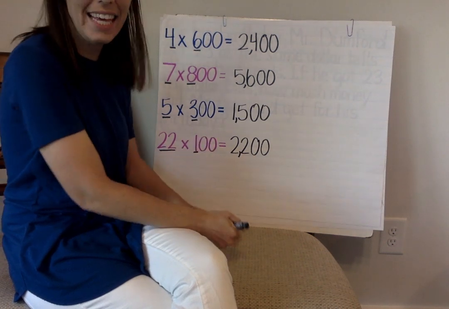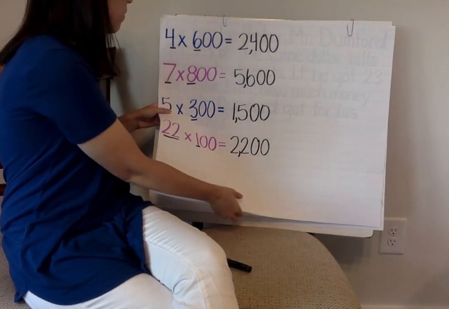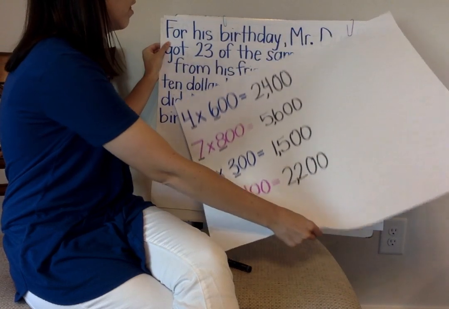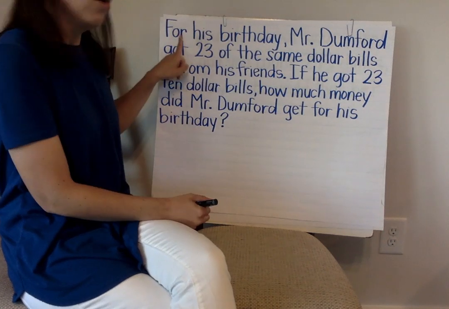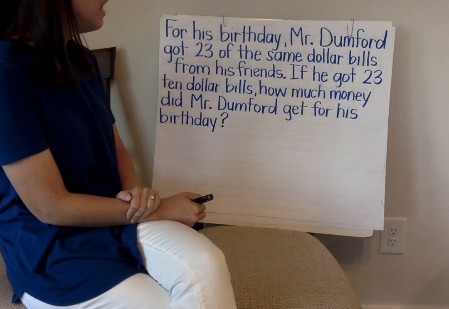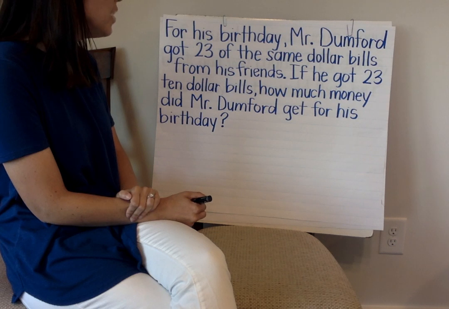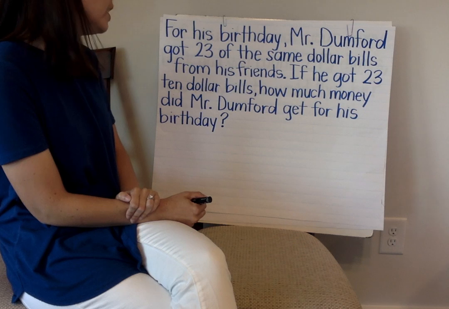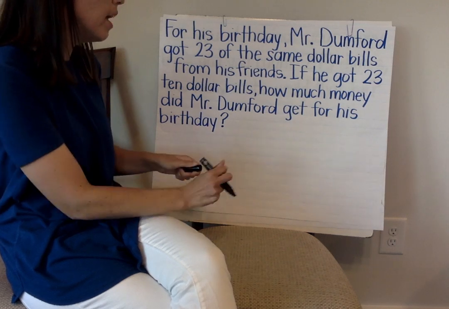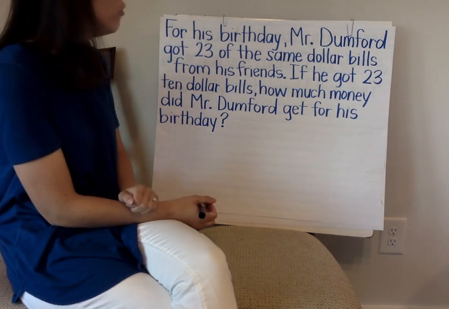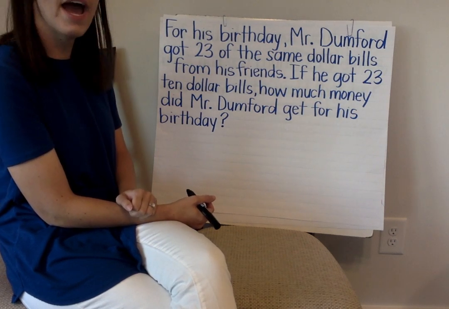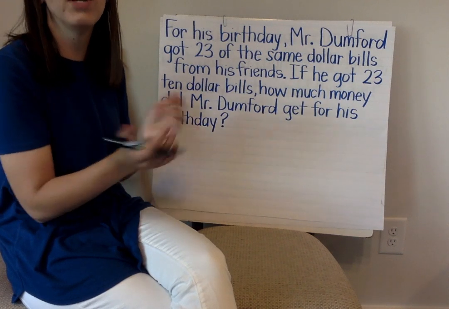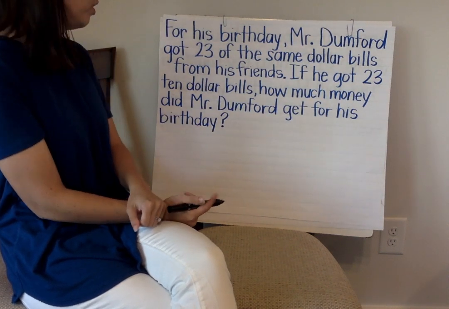Okay, let's look at these in some word problems. For his birthday, Mr. Dumford got 23 of the same dollar bills from his friends. If he got 23 $10 bills, how much money did Mr. Dumford get for his birthday? Well, let's see about the silver platter information that it already gives us in the problem that we don't have to work for.